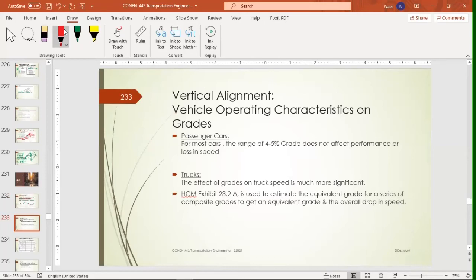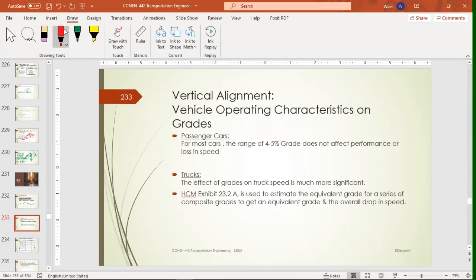Vertical alignment, the operating characteristics on grades. We have passenger cars. For most cars, the range of 4 to 5% grade does not affect performance or cause a loss in speed. But beyond 5%, it affects performance of passenger cars. However, the situation is different for trucks.